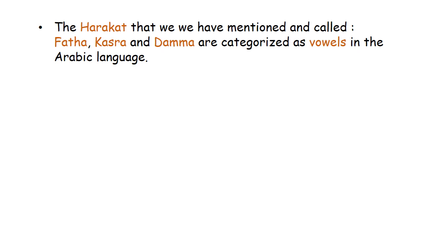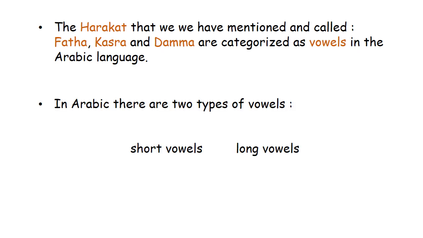The harakat that we have mentioned and called Fattah, Kasra, Damma are categorized as vowels in the Arabic language, and more specifically, short vowels, because in Arabic there are two types of vowels, short ones and long ones.